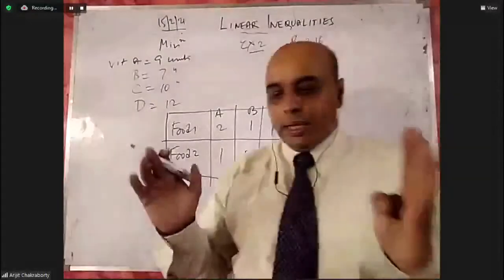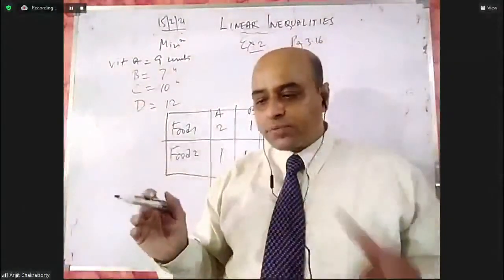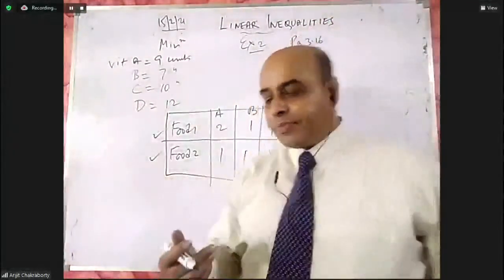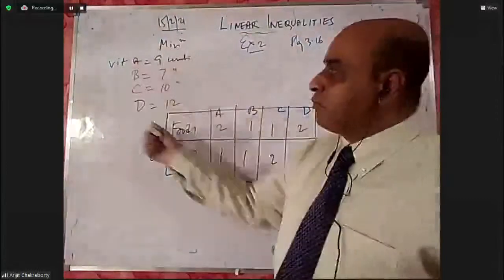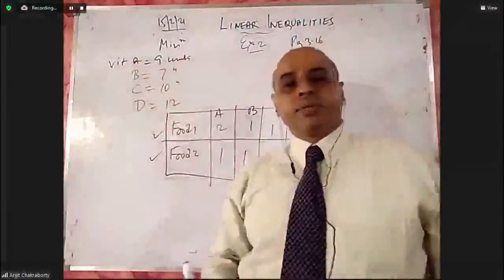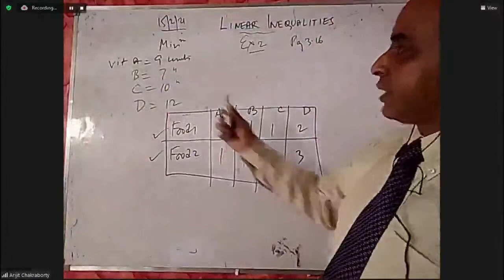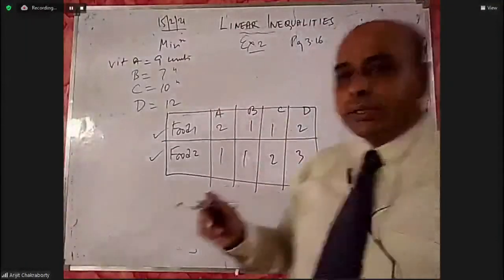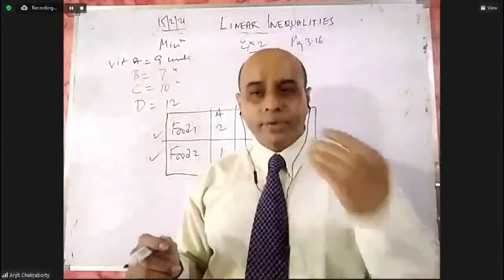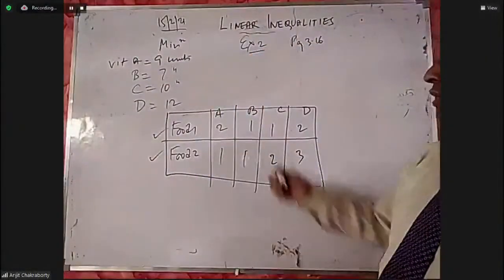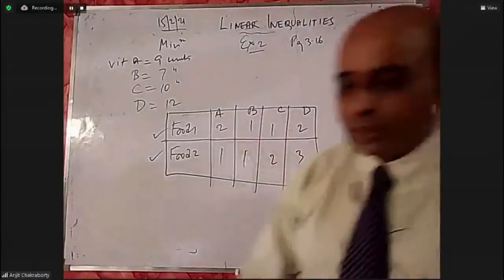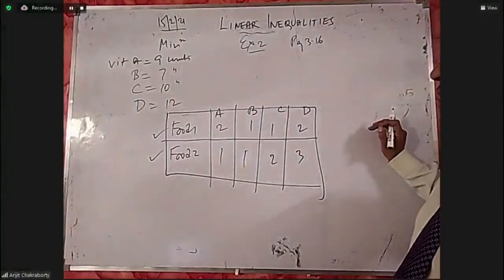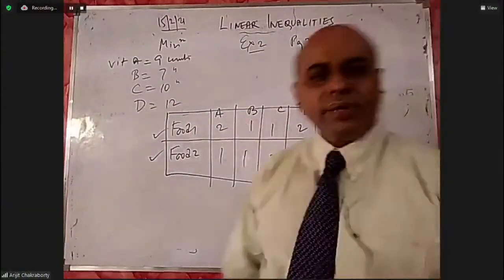The dietitian wants a mixture of the 2 kinds of food, such that the combined mixture will contain at least 9 units of vitamin A, 7 units of vitamin B, 10 units of vitamin C, and 12 units of vitamin D. The nutrition quality of food 1 and food 2 is given in terms of the 4 vitamins.